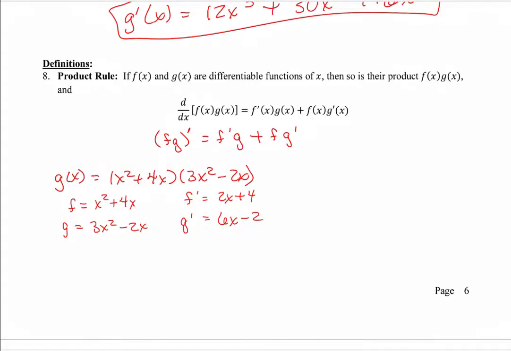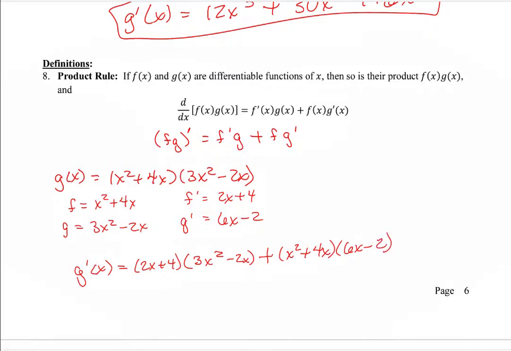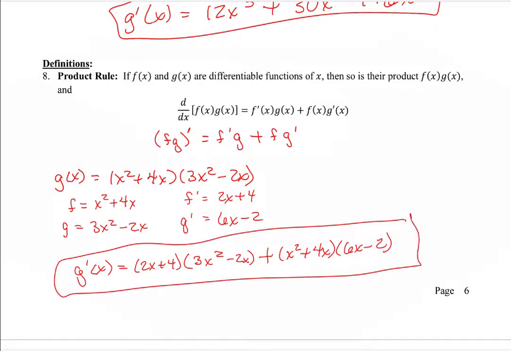Then you use the product rule and find g prime of x equal to the derivative of the first, which is 2x plus 4, times the second function, 3x squared minus 2x, plus the first function, x squared plus 4x, times the derivative of the second. Now, unless I tell you to simplify it, that is a perfectly good answer to me.